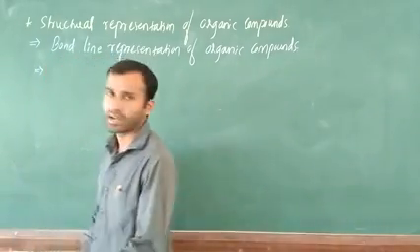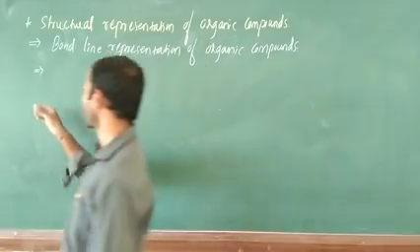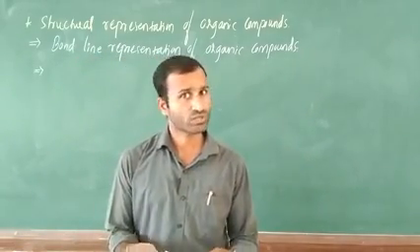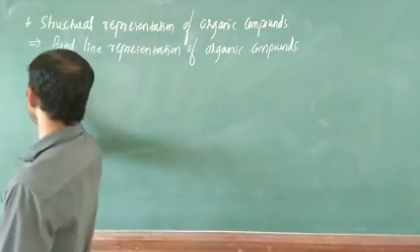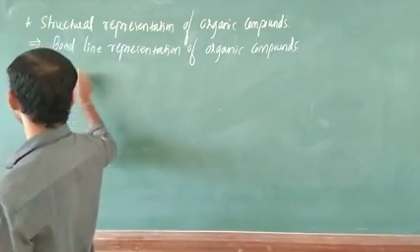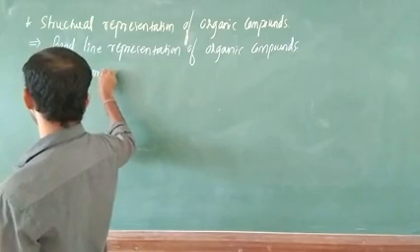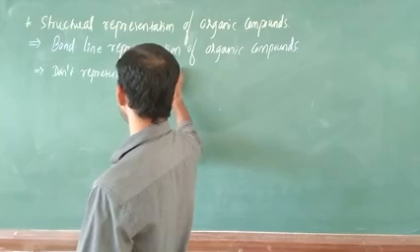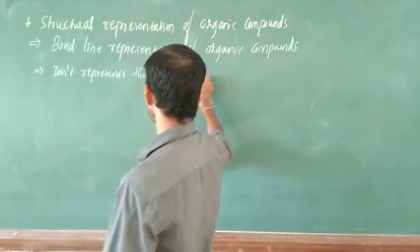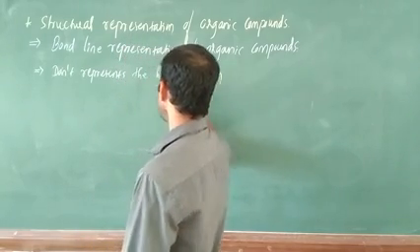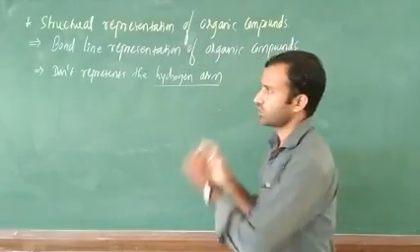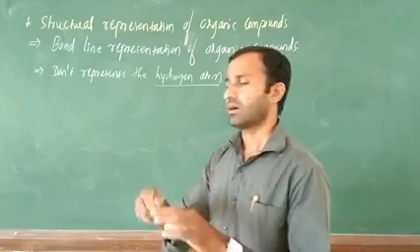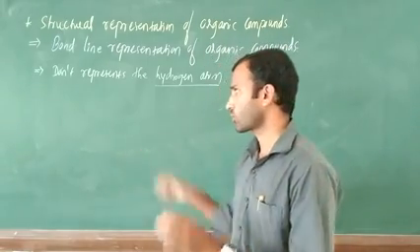The first point is do not write the hydrogen atom. While you are writing organic compounds in bond line representation, do not represent the hydrogen atom, directly skip the hydrogen atom and just draw.